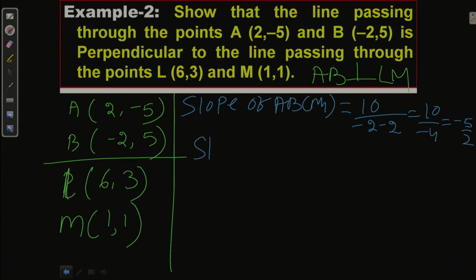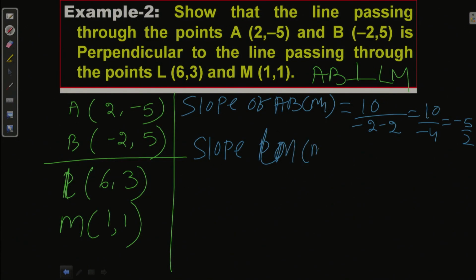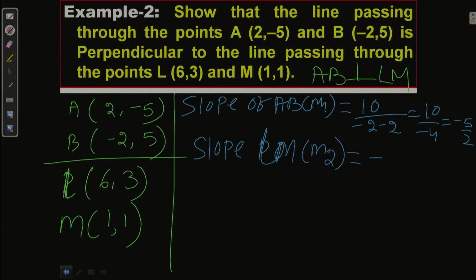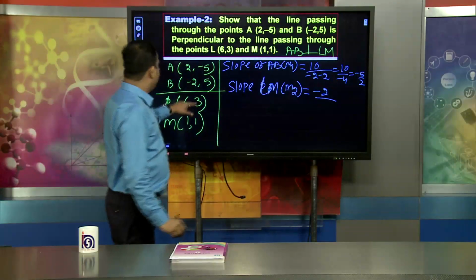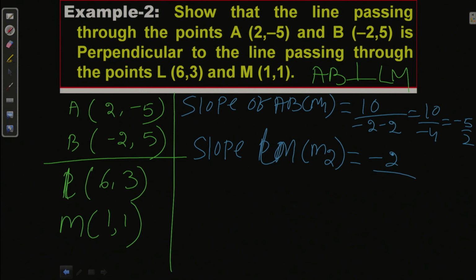And when talking about the slope of LM, suppose M2, here y2 minus y1 is 1 minus 3, that is minus 2, divided by x2 minus x1, that is minus 5, so M2 is 2 by 5.